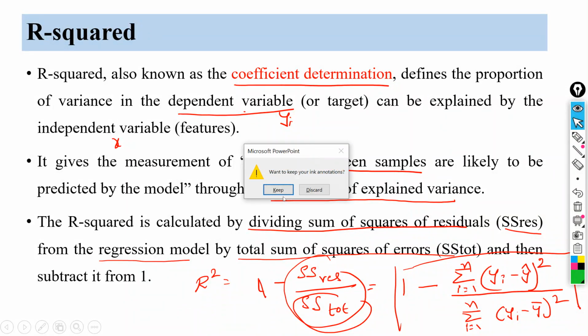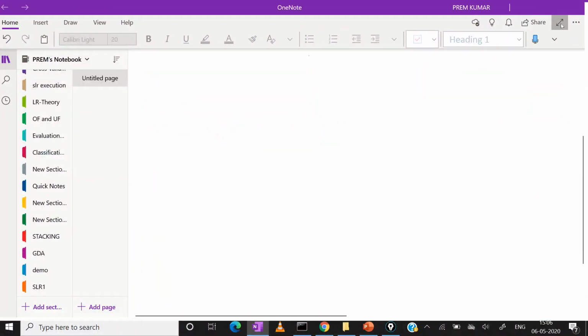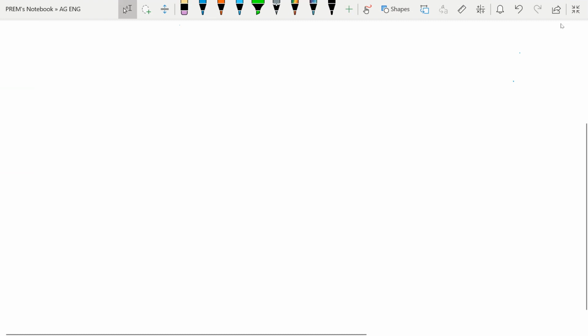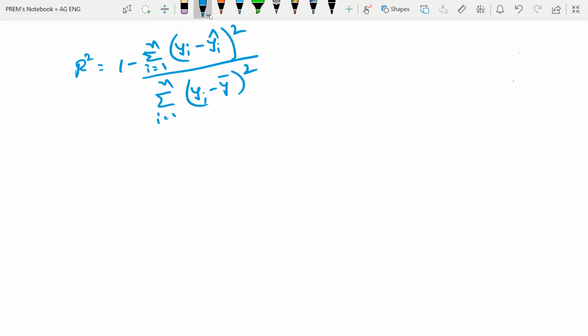So the formula is R square equals 1 minus sigma i equals 1 to n, yi minus yi hat, whole square, divided by sigma i equals 1 to n, yi minus y bar, whole square. This is the formula of R square.